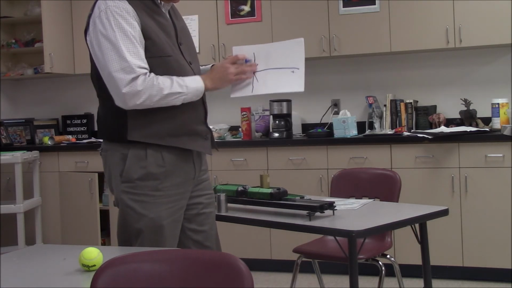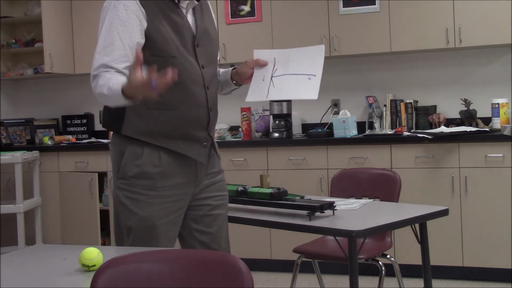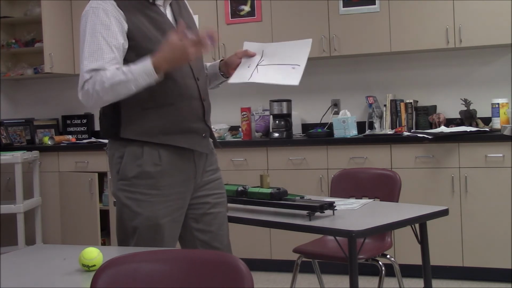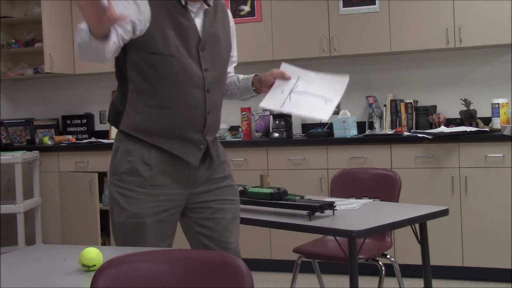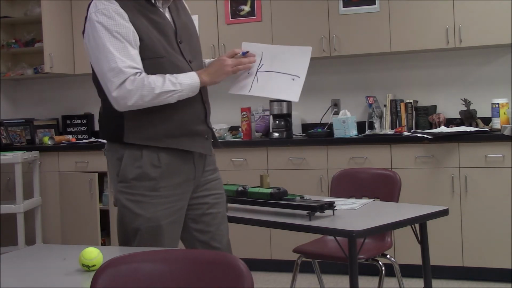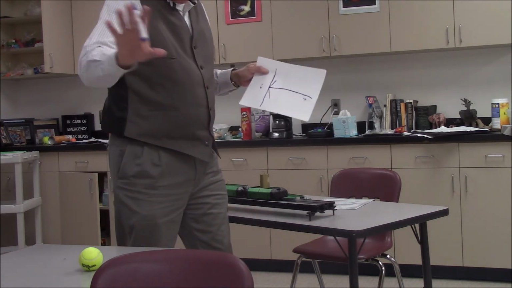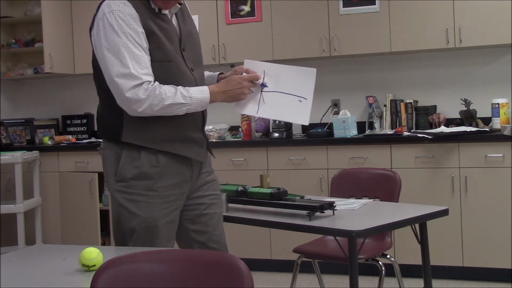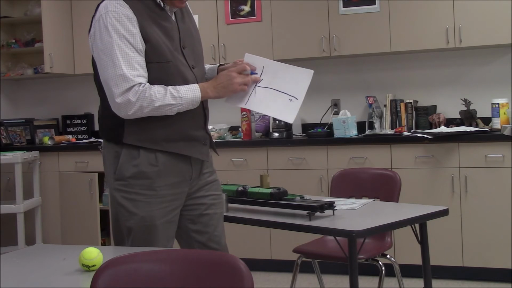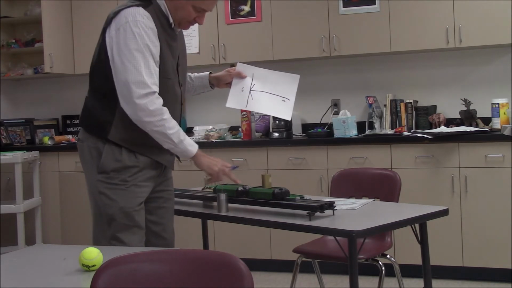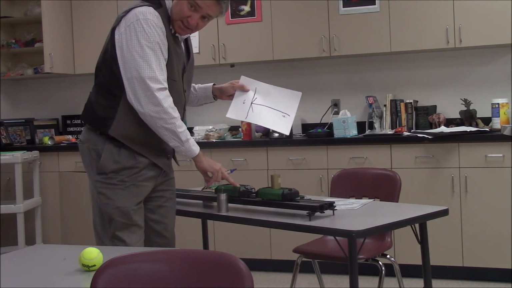So one of these is going to have more mass than the other one is, okay? So I don't care which one it is, but you need to make this sketch on another sheet of paper. One of these is going to have more mass. Let's just say the top one has more mass. But it has to have the same momentum as the one that has less mass.